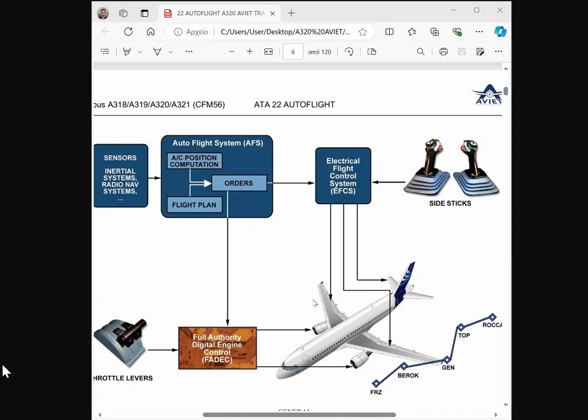So with only one engine, the auto thrust will be on, and you can place the thrust until the max continuous thrust. You get it, guys? Yes, sir. Nice.